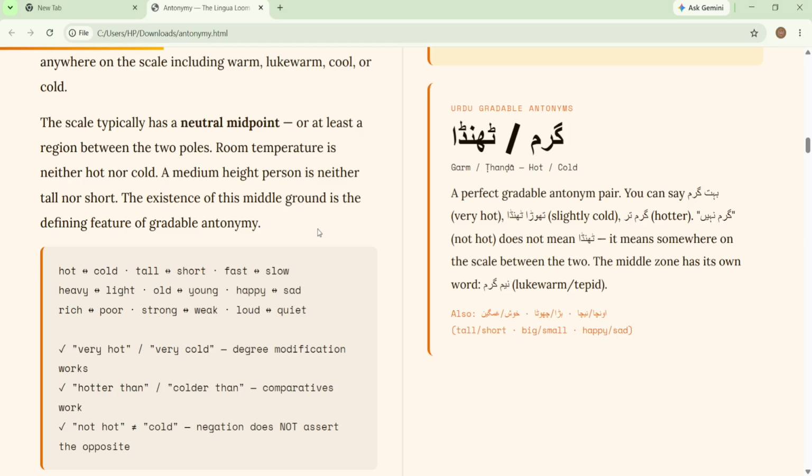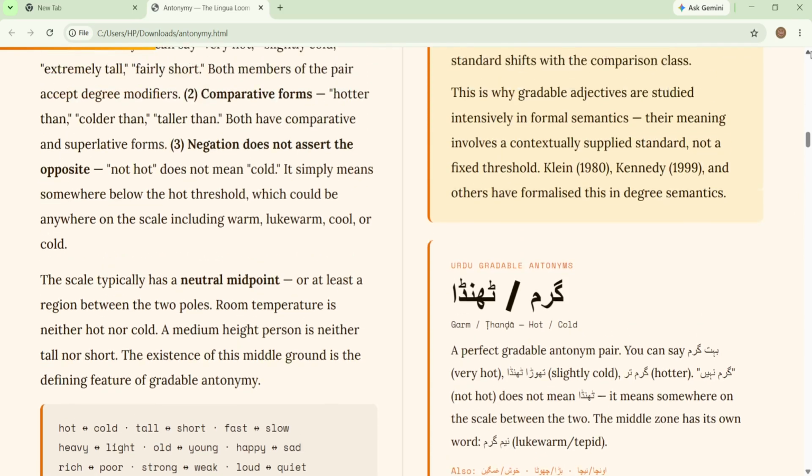So there is a middle ground here. So these are the examples: hot, cold, tall, short, fast, slow. This shows degree modification: very hot, very cold, hotter than, which is comparative, colder than. And not hot is not cold, so negation does not assert the opposite.